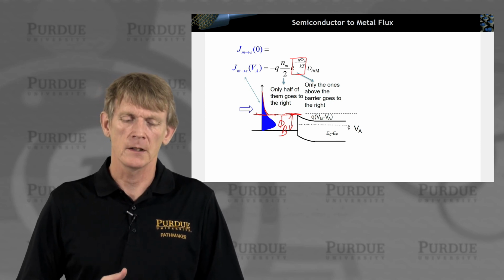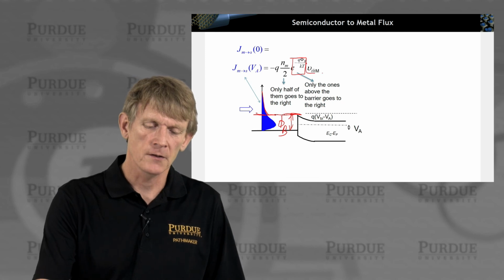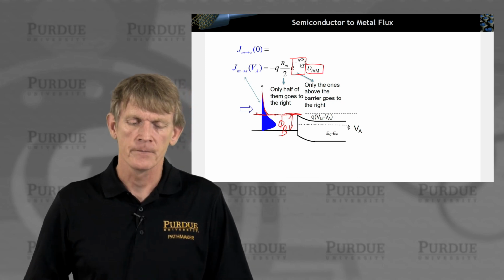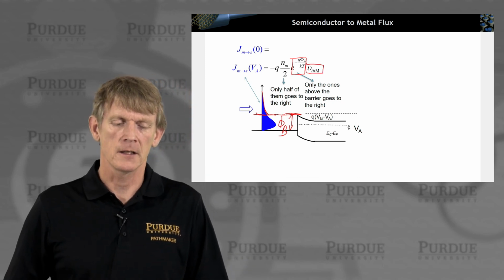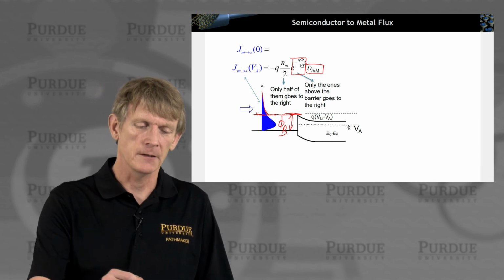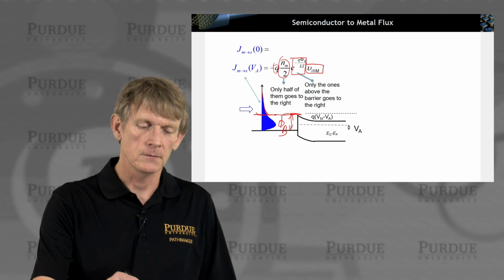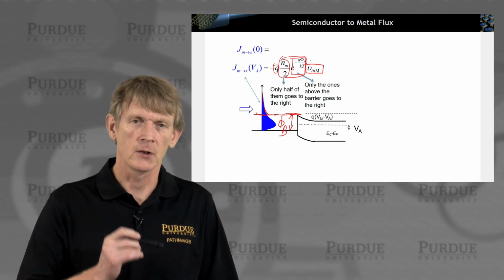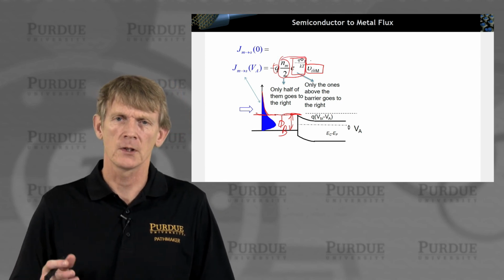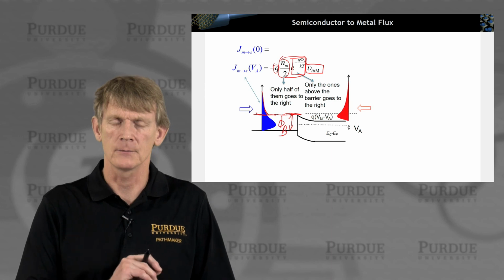Okay? And these carriers move at a thermal velocity of carriers in the metal. So we have, again, charge, number of carriers together times velocity, that's current. Very simple. We've done this now multiple times.